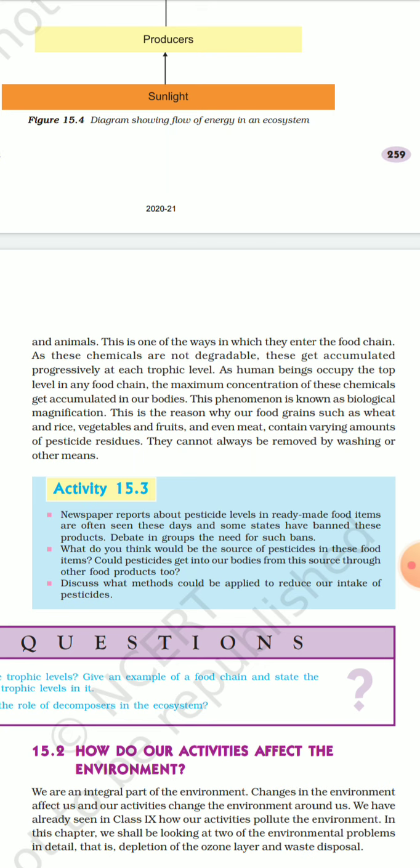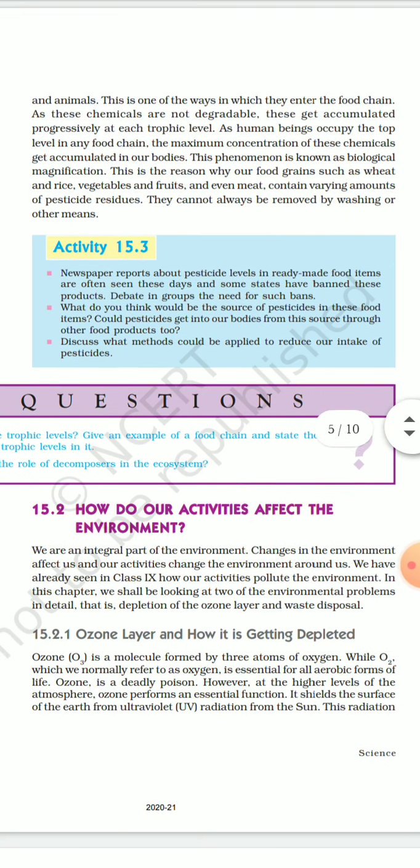So human beings, being the tertiary consumer, have the highest concentration of these chemicals, and this is known as biological magnification. This is the reason why our food grains such as wheat and rice, vegetables and fruits, and even meat contain varying amounts of pesticide residues, and they cannot always be removed by washing or other means.